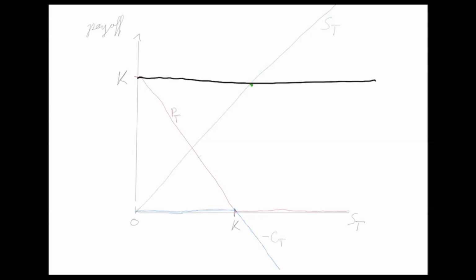And then similarly, this increasing 45-degree line further offsets exactly with the decreasing 45-degree line, and therefore our total payoff continues exactly at a value of K dollars. And therefore this is exactly the same as having a bond with a face value of K dollars.